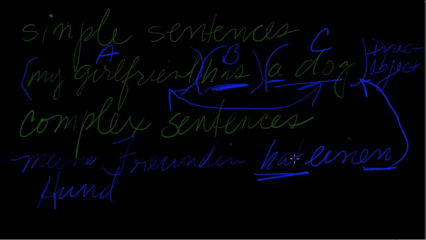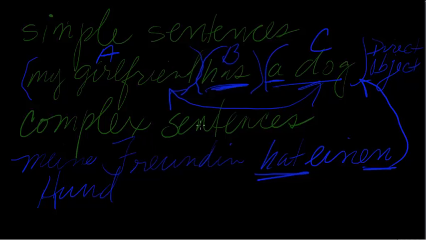Now, if you're wondering if that gets confusing in everyday discussions, it really doesn't, because the reason you would flip it is to add emphasis to the fact that it's the dog that she has. She doesn't have a cat, she has a dog. Einen Hund hat meine Freundin. So see how I just reversed that?